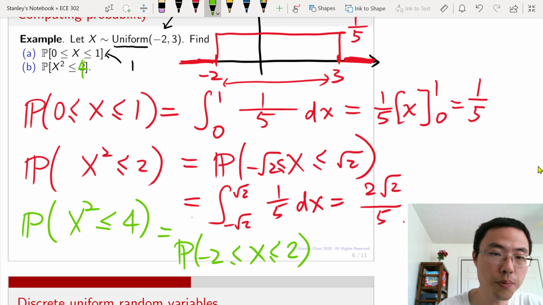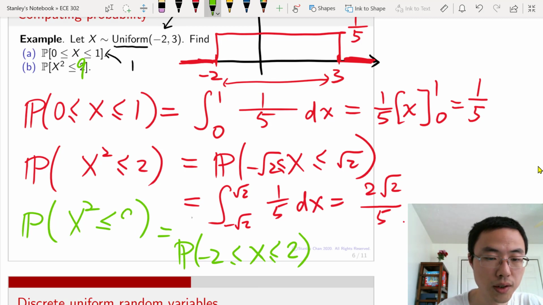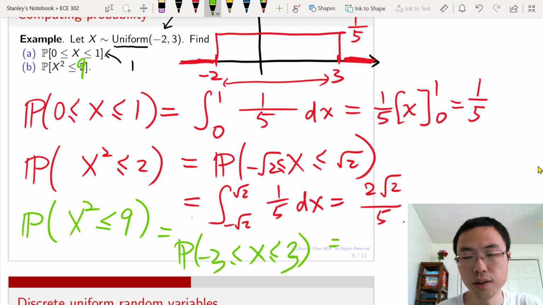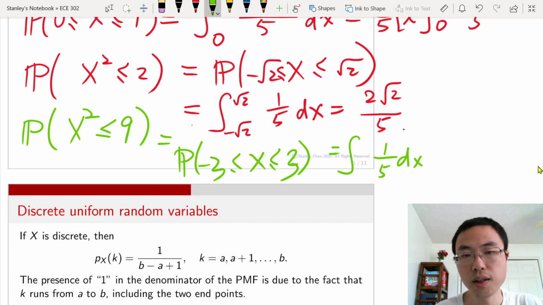Now, what happens if I change this number to 9? Then in this case, you have this 9 here, and then you have this 3 here, and this 3 here. Then this probability is a little bit trickier because you're integrating 1 over 5 dx. Now I ask you, what should be the range?